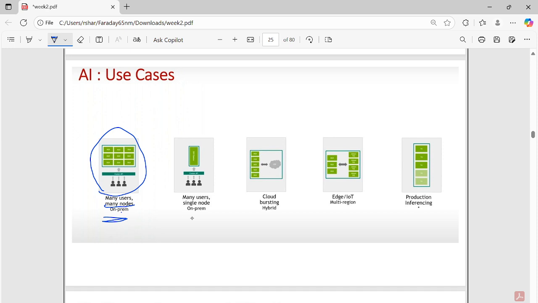Or it may be where we want to access only one system and there are many users requiring the resources, which might have an overlap between the jobs with each other.